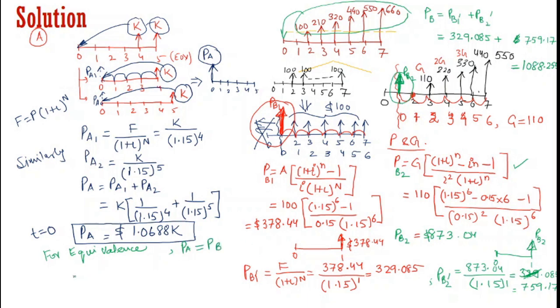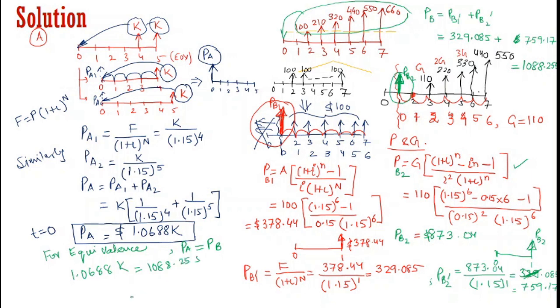If I equate, it will be 1.0688K equal to 1088.255.